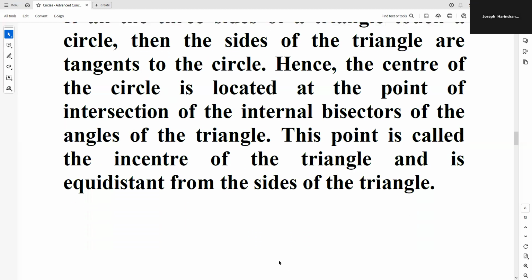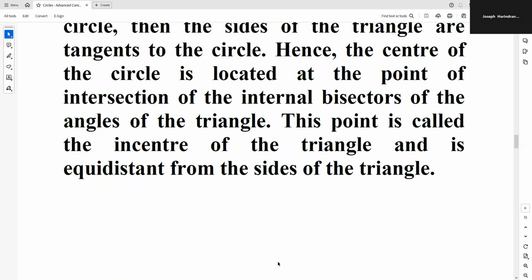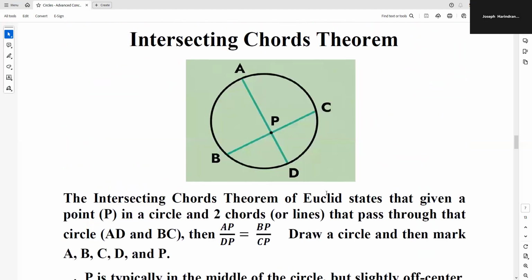Next, we move on to a very useful theorem called the intersecting chords theorem of Euclid. When you have any two chords intersecting within a circle at a point P, let us say the two chords AD and BC, you can see the two chords AD and BC.